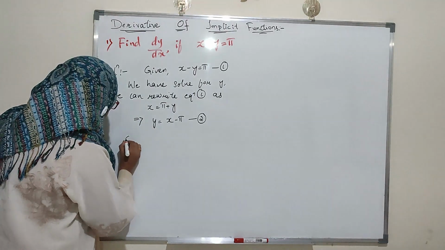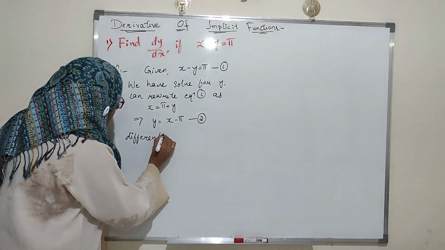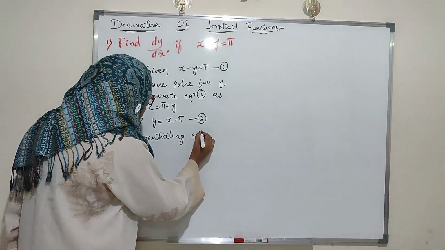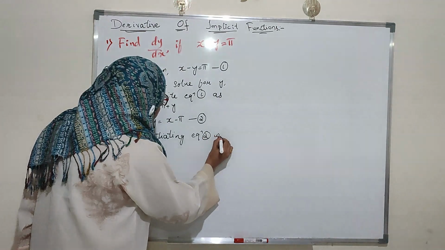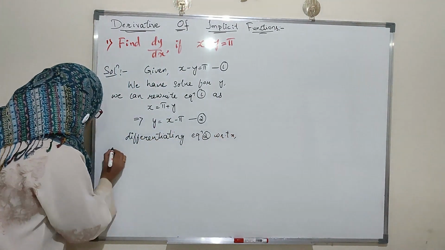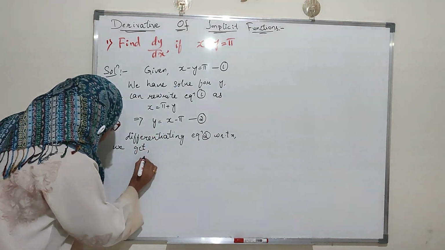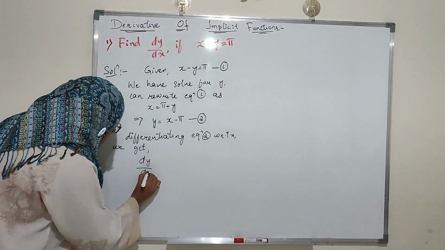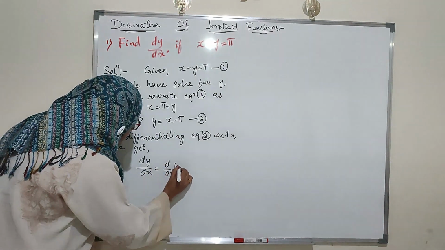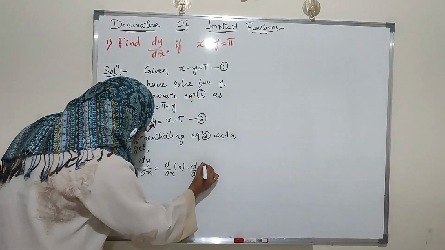Now differentiate this with respect to x. Differentiating equation 2 with respect to x, we get dy by dx is equal to d by dx of x minus d by dx of pi.